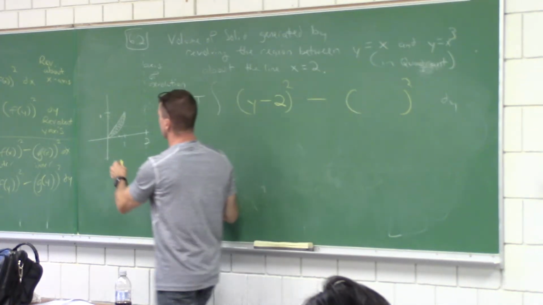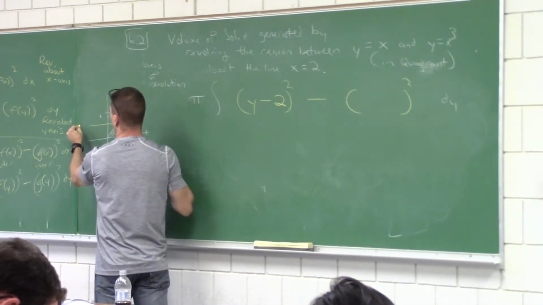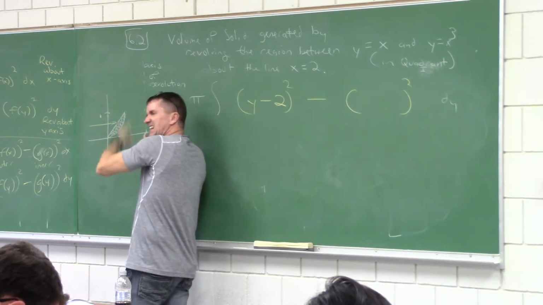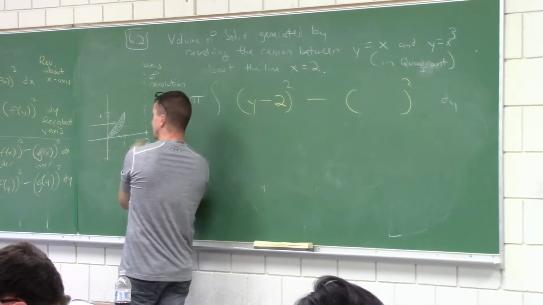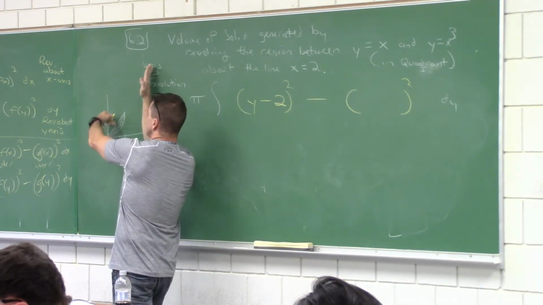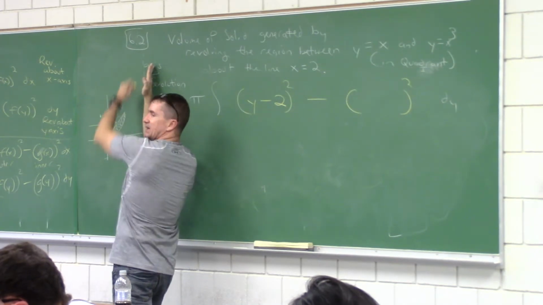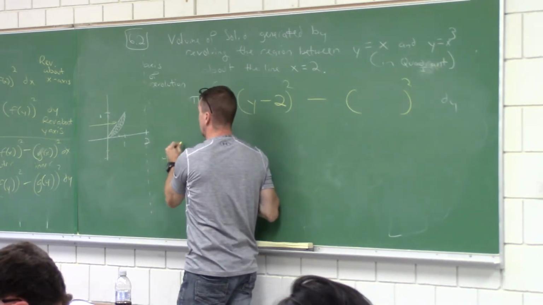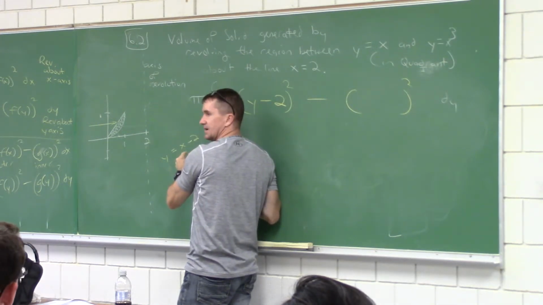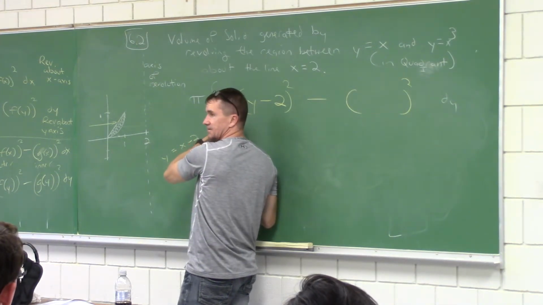So this right here was y equal to x before, but because we're going around the line x equals 2 now, if this is my new axis of revolution, you're not going to think, what would this line be? Wouldn't this line be like y equals x minus 2, right? Something like that. But this will still mathematically work.